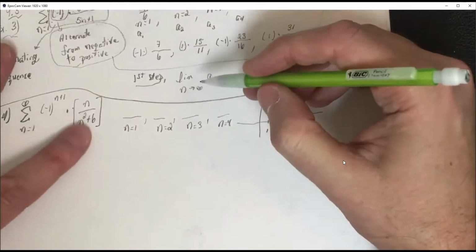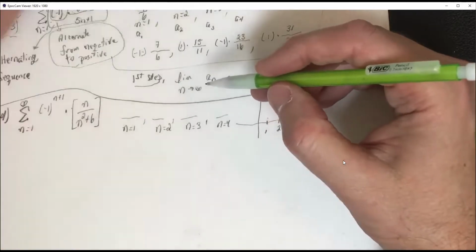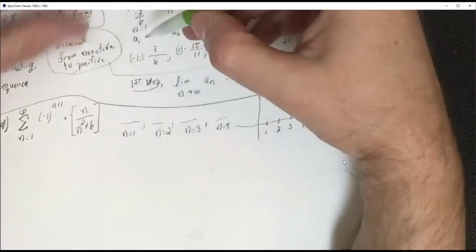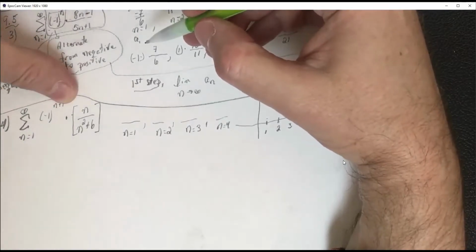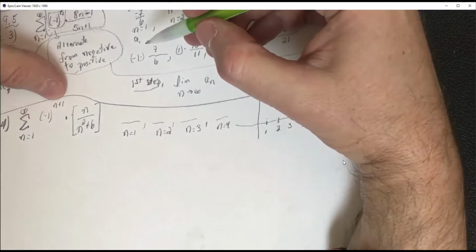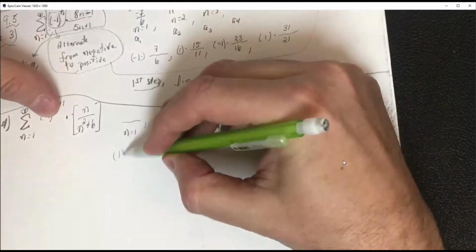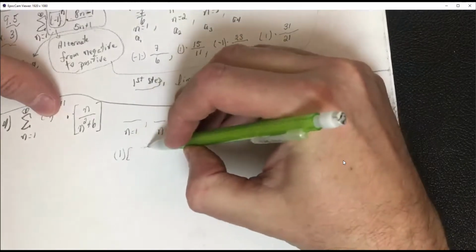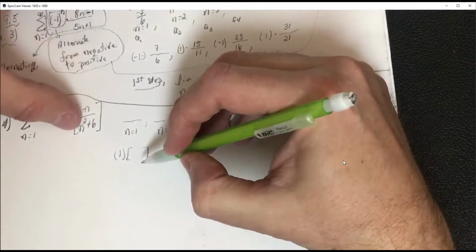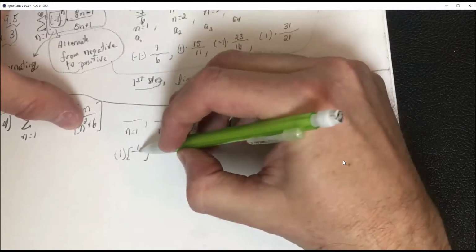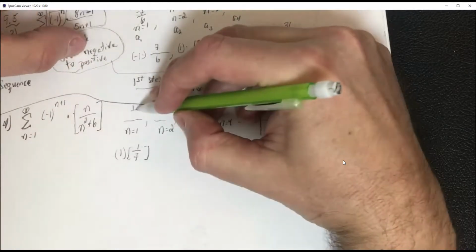Let's do that, and let's do this faster this time because it's taking a long time. If we put a 1 in, 1 plus 1 is 2. -1 squared is positive 1. That means the first term is positive, times whatever is inside this part, which is 1 over 1 squared plus 6, which is 7. 1 times 1/7 is 1/7.